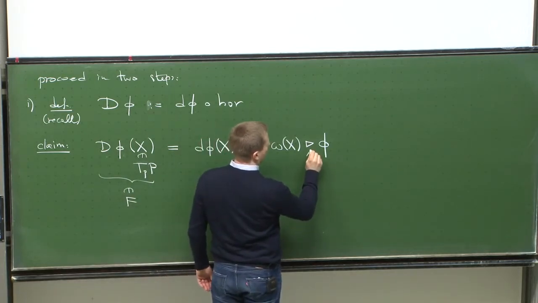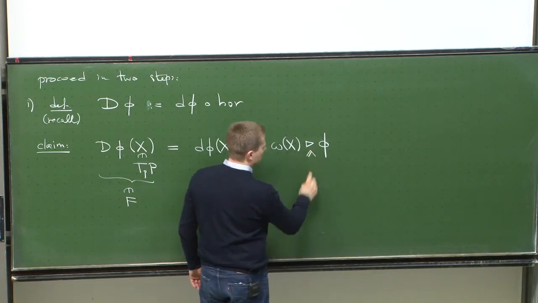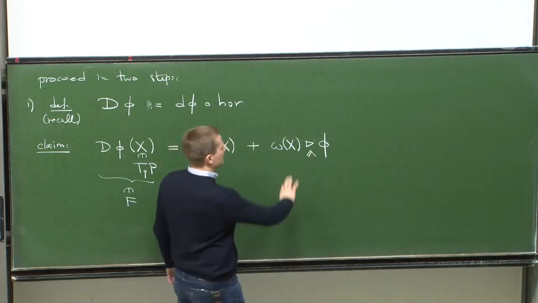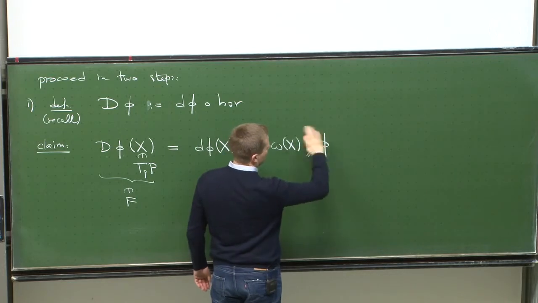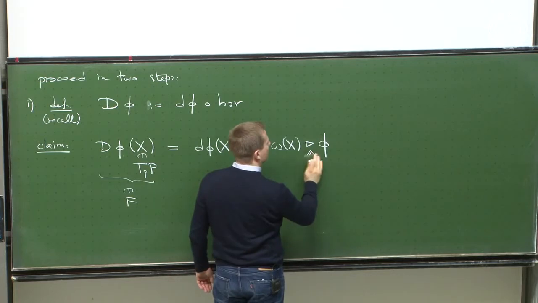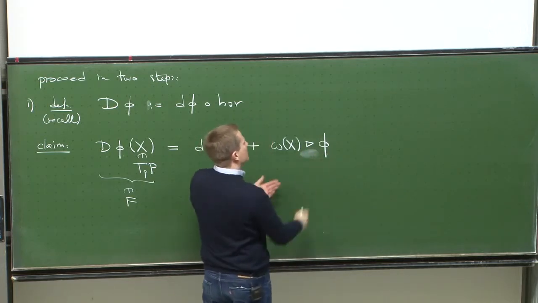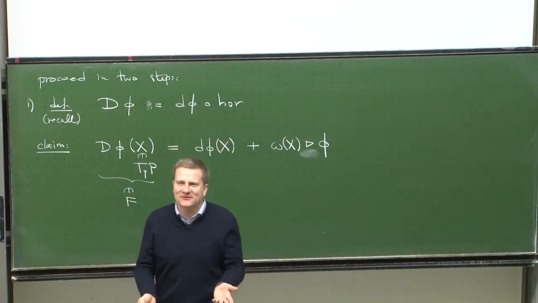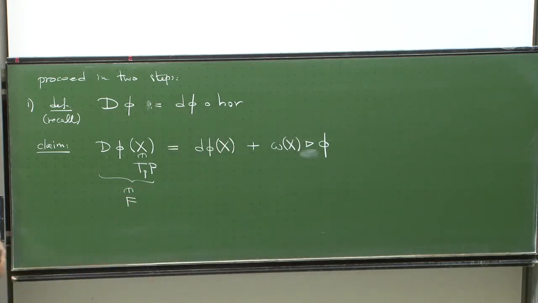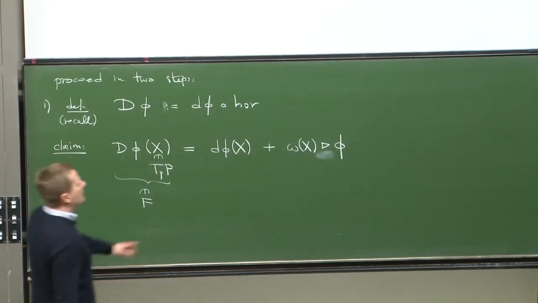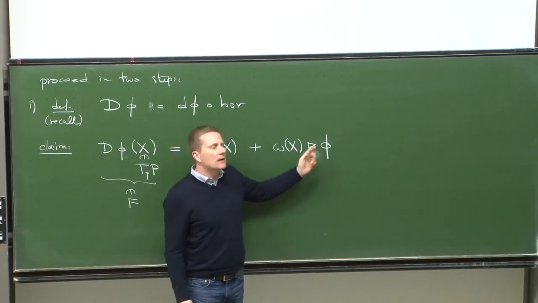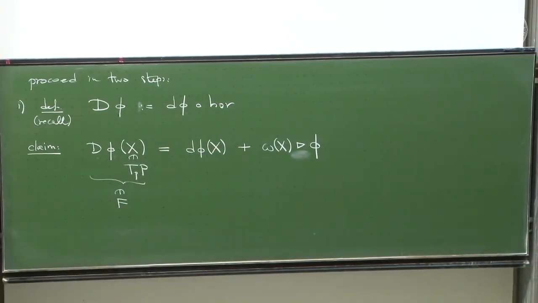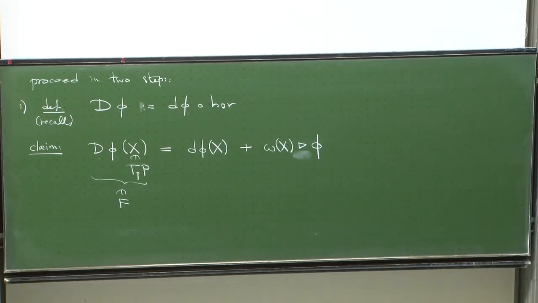Before, for the 1 form, I wrote stuff like this, which said it acts by the adjoint action, whatnot, but it's also a wedge because this was a 1 form. Now there's still a wedge, but it's a wedge between a 1 form and a 0 form. You can also write this as a product, but the wedge extends there. Let's write it like this, that's the clearest. But again, in the literature, you will find omega wedge phi. Okay, but let's leave it here. Obviously, we need to prove this.